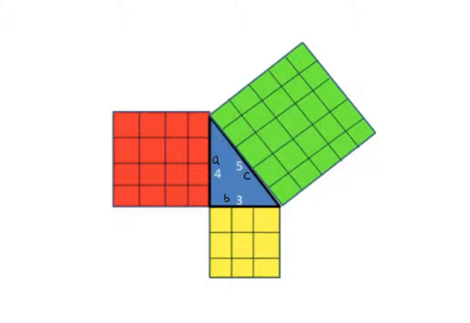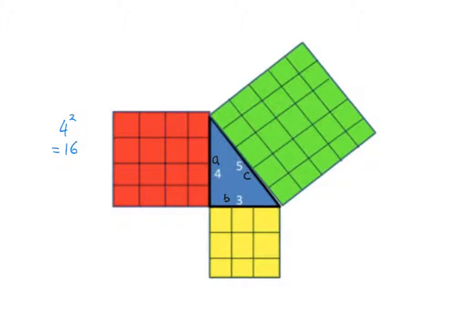So looking at the area of each of those squares, for side A, where the side is 4, the area is going to equal 4 squared, which is equal to 16.